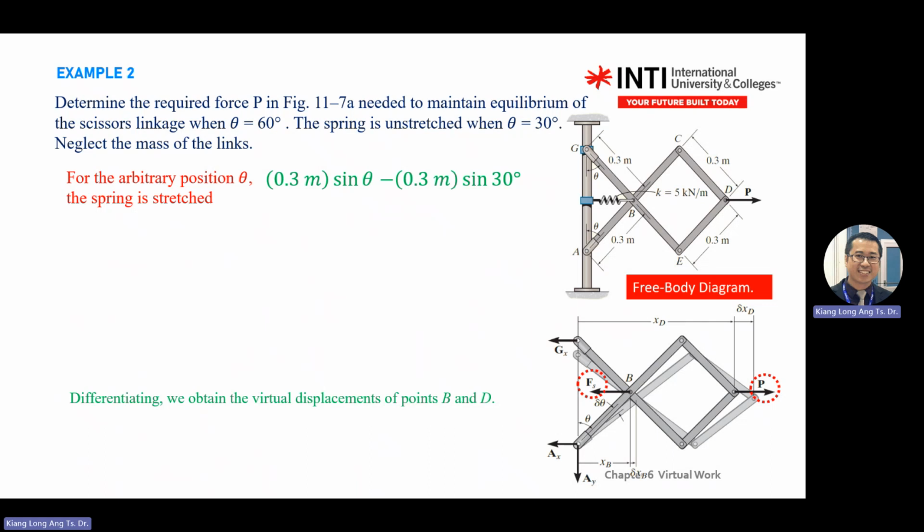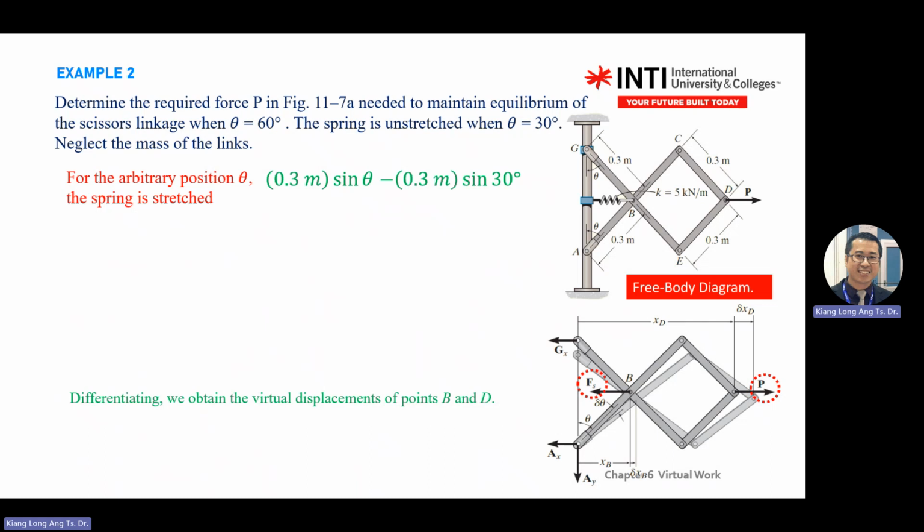But we want to find delta XB. So how do you find delta XB? Delta XB is the total length of XB minus the original length of this one. This is the force, spring, speed.